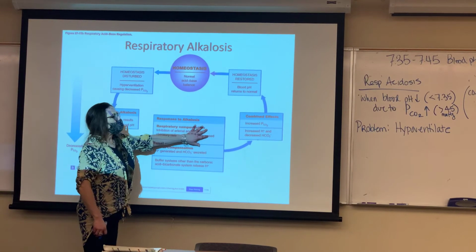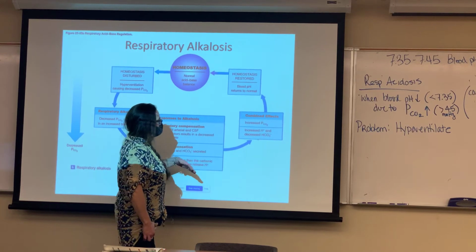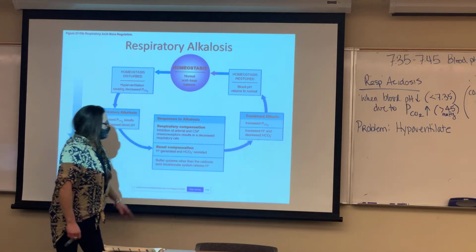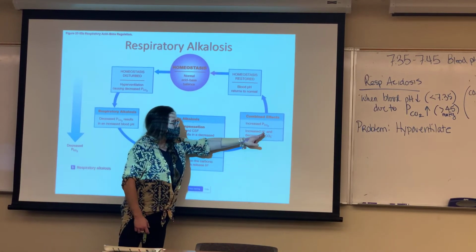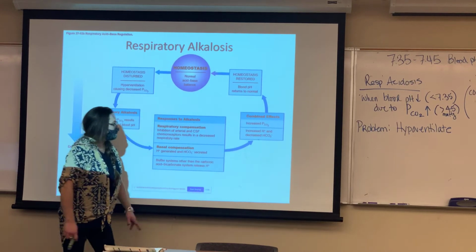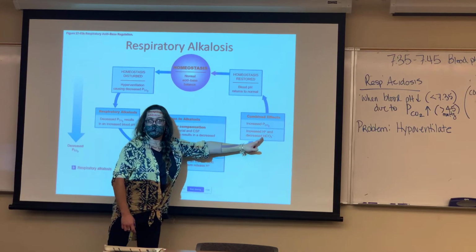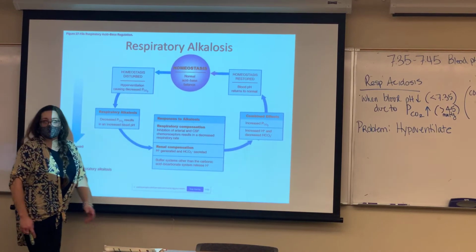If the breathing slows down, then CO2 levels start to rise. At the DCT, as we reabsorb hydrogen, we have more hydrogen in the blood, and as we secrete bicarb, we have less bicarb in the blood. That should get our pH back to normal, and we should be back at homeostasis.